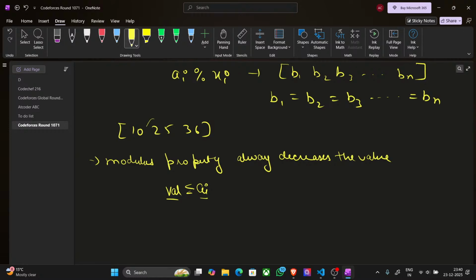So 25 cannot convert into 36, but 36 can convert into 25 with some modulus, right? Same, 10 cannot convert into 25, neither can it convert into 36, but 25 can convert into 10 and 36 can also convert into 10 with some modulus, obviously. So what is the modulus for 25 that can convert it into 10?